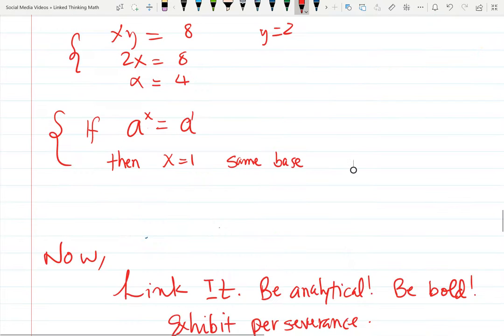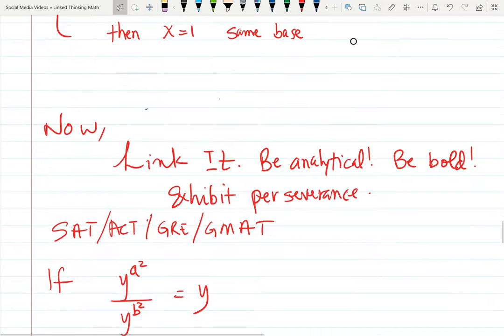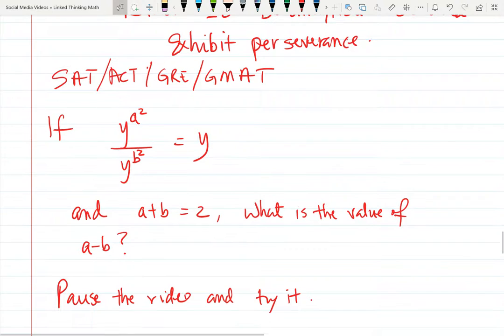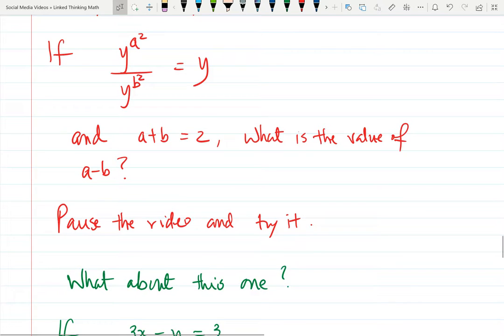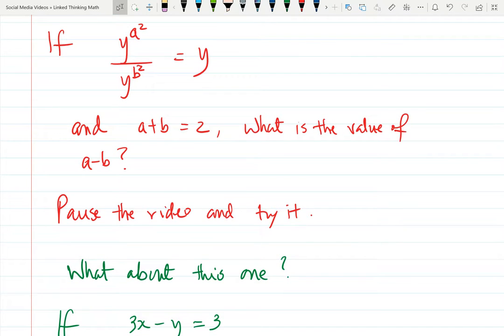Now, here comes a problem, a question they've not seen before, and they fail to do the link thinking, they fail to do the right thing, and that is what I want to teach my students, link thinking. So here's the question.